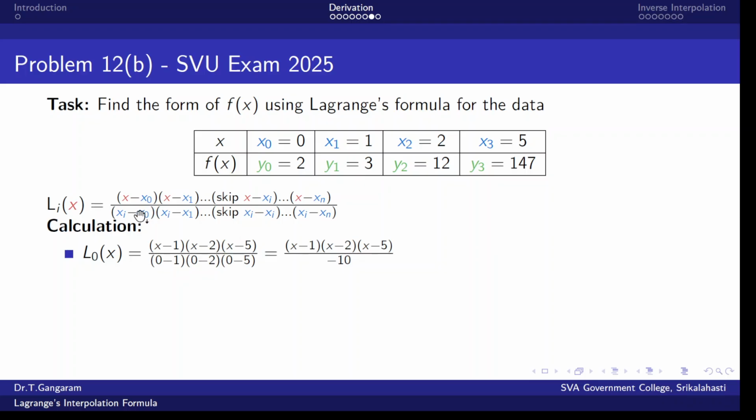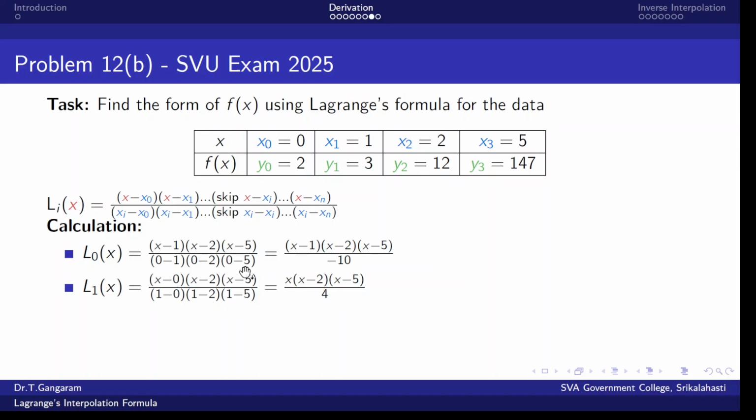Li of x is obtained by skipping x minus xi and xi minus xi. We find L0 of x, L1 of x and so on. L0 of x is equal to (x minus x1)(x minus x2)(x minus x5) divided by (x0 minus x1)(x0 minus x2)(x0 minus x3).